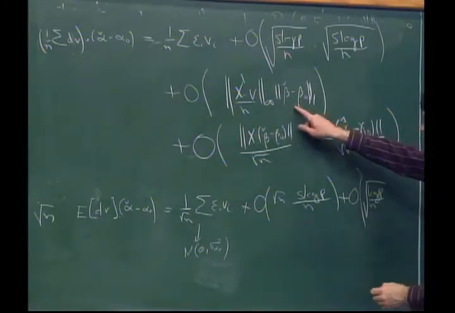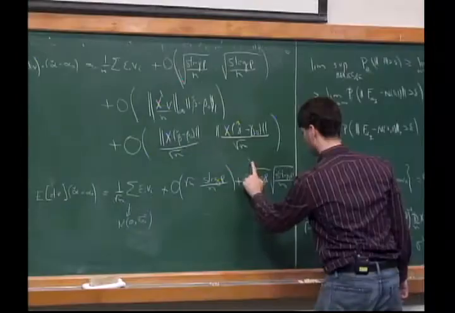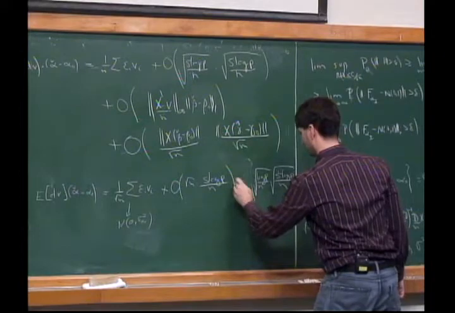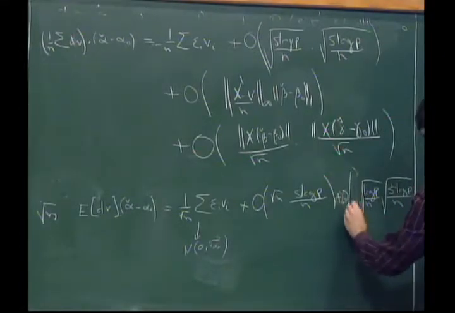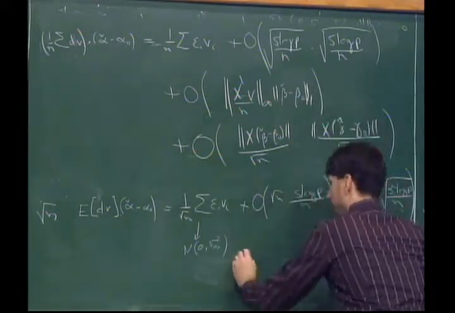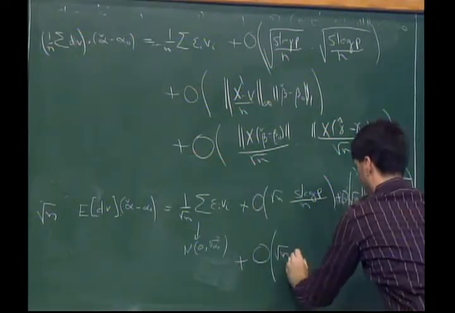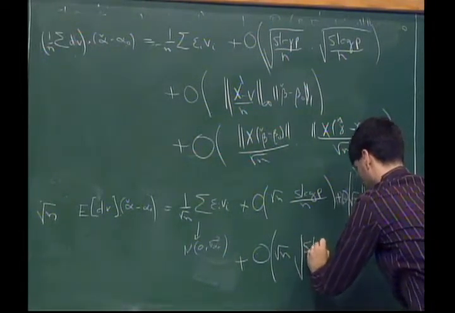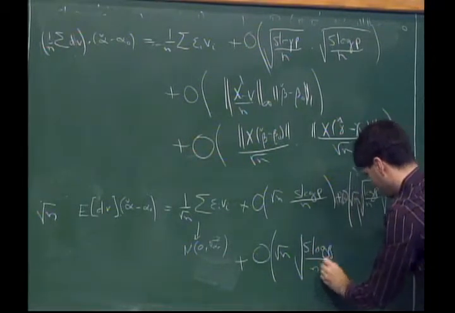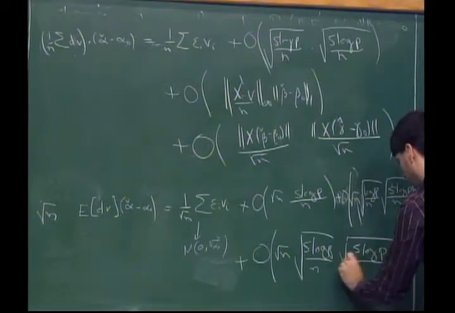And the L1 norm convergence is square root of s square log p over n. But we still need to hit this by root n. And this last piece, I'm hitting by root n, but I have 2s log p over n times square root s log p over n.